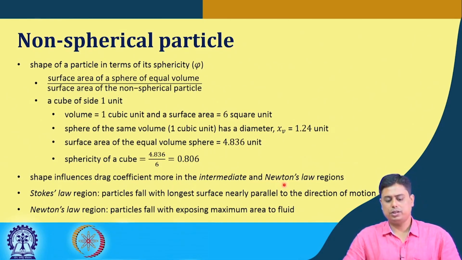In the Stokes law region, what has typically been observed is that the particle falls with its longest surface nearly parallel to the direction of the motion. But in Newton's law region it has been seen the other way around, that the particle falls exposing the maximum surface area to the fluid.